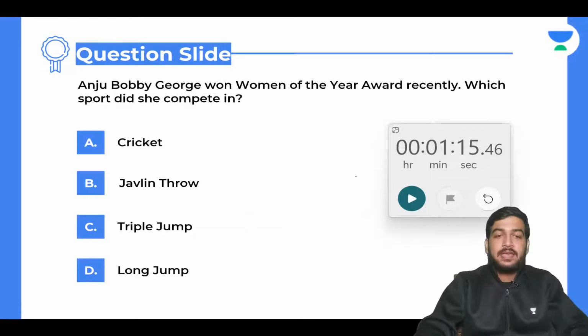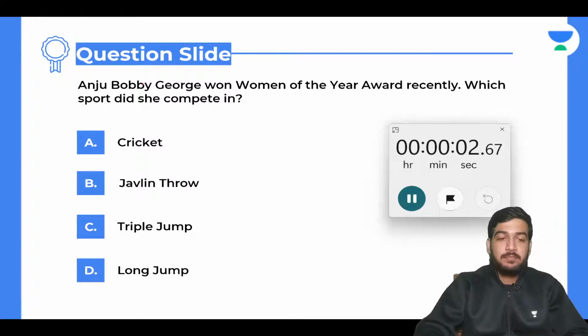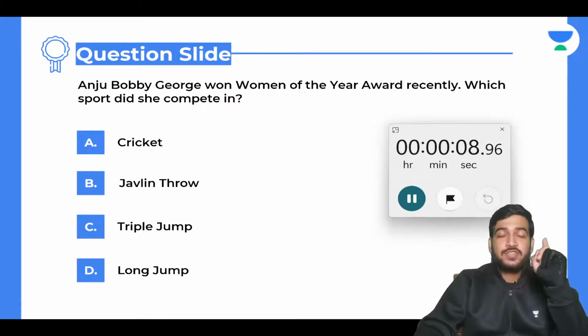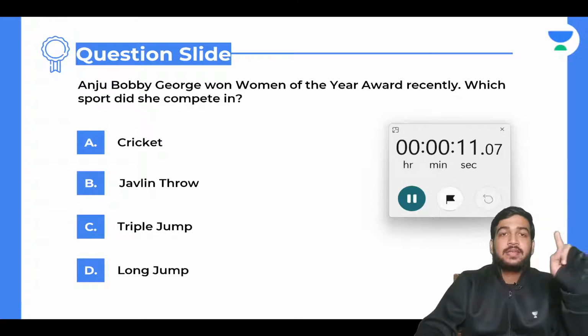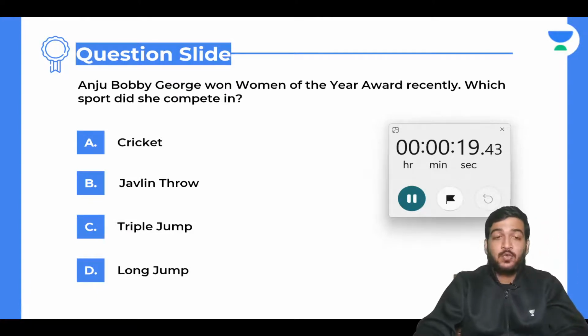Then next question. Anju Bobby George won the Women of the Year award recently by World Athletics. Which sport did she compete in? A. Cricket, B. Javelin, C. Triple jump, D. Long jump. Anju Bobby George is the first Indian athlete to win a medal in athletics in the World Athletics Championships in 2003.